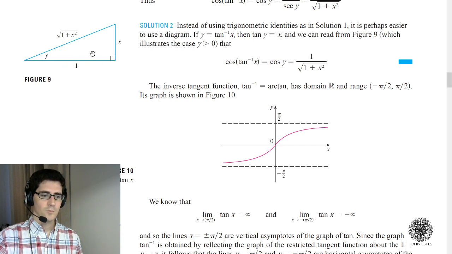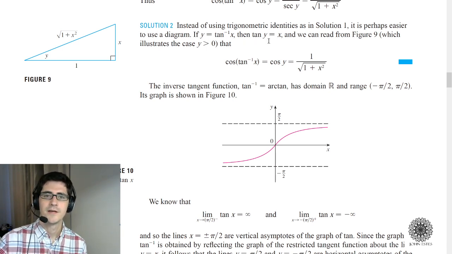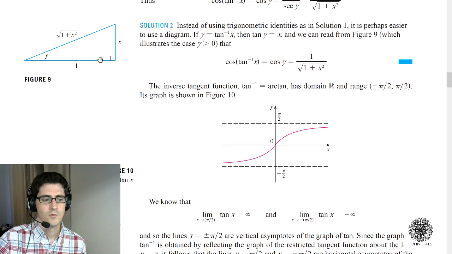And my angle is y, so that's why I have the y here. And remember the definition of tangent is opposite over adjacent. So if tangent y equals x, then the fraction opposite over adjacent has to be x. So I get x over 1. X and 1 are the other two sides of my triangle.